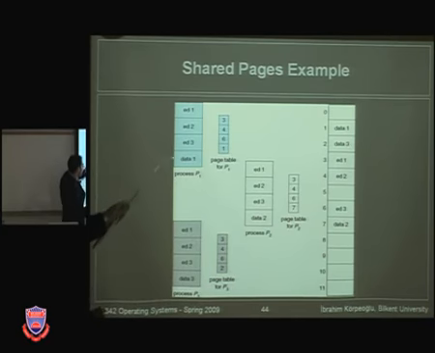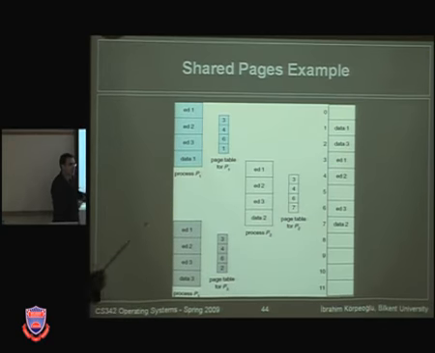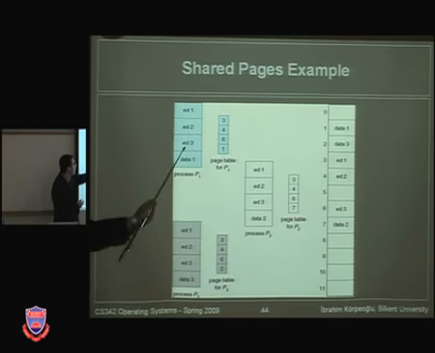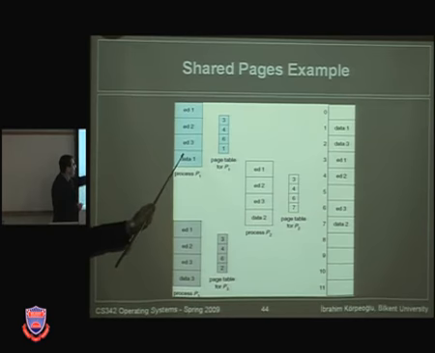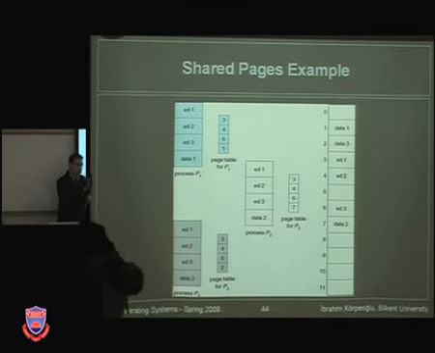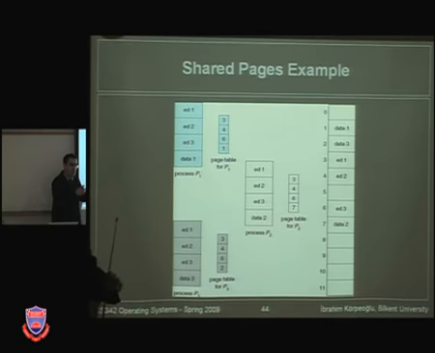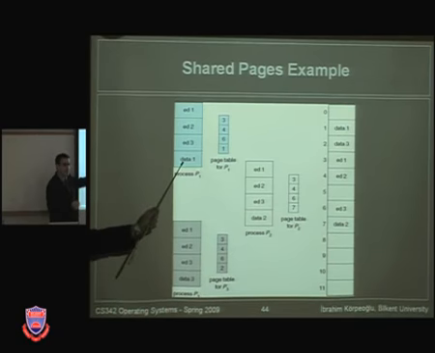So then, assume we have three processes, P1, P2, P3. The logical address space of each process will look like this. Some portion of the logical address space, the first 3 pages, for example, will include the code of the program, the text section, okay, instructions. And the remaining pages may occupy the data of the program. For example, when you use an editor, you type some characters. Those characters are stored in a variable inside the text editor, right? In a buffer. So that buffer will be sitting here.